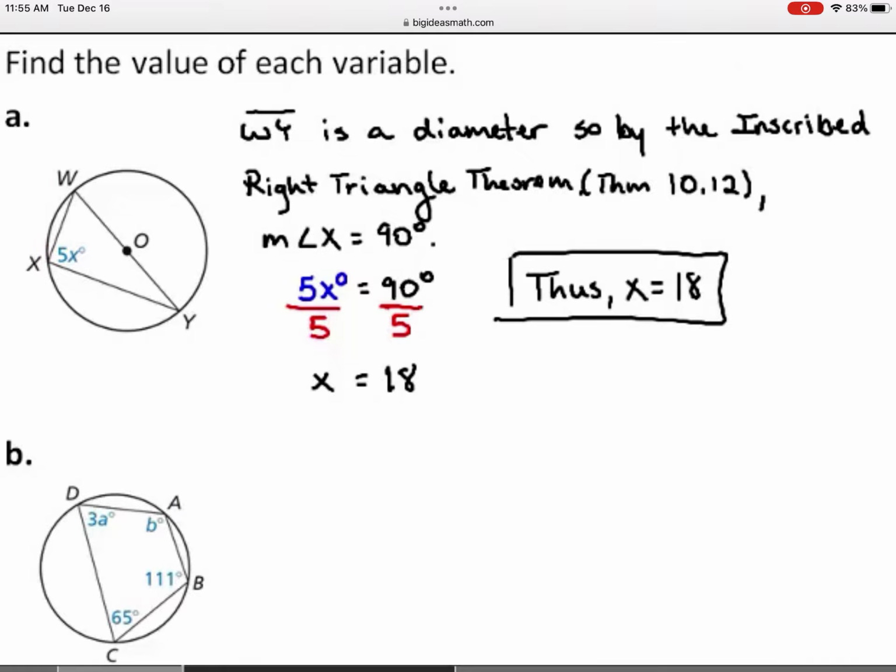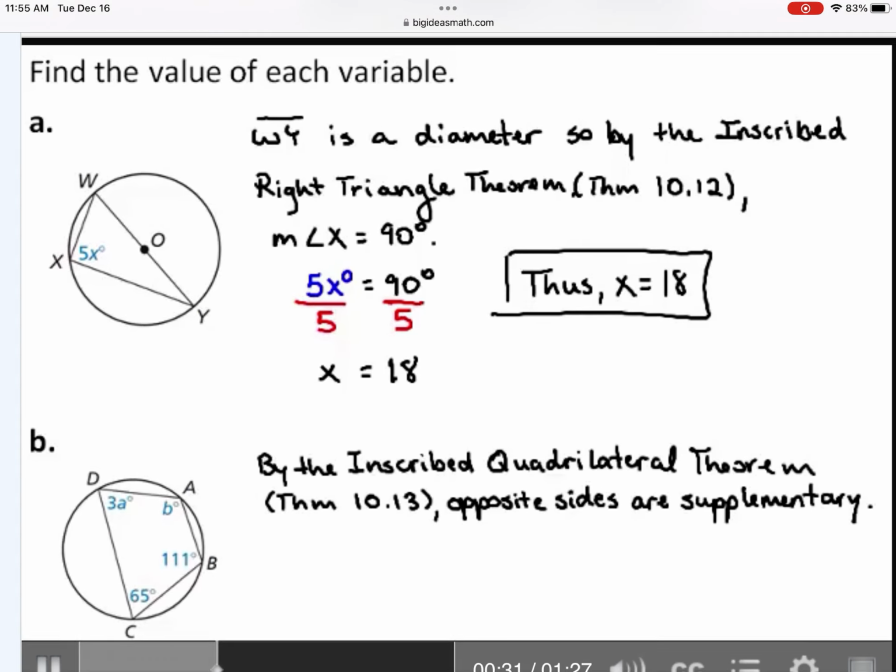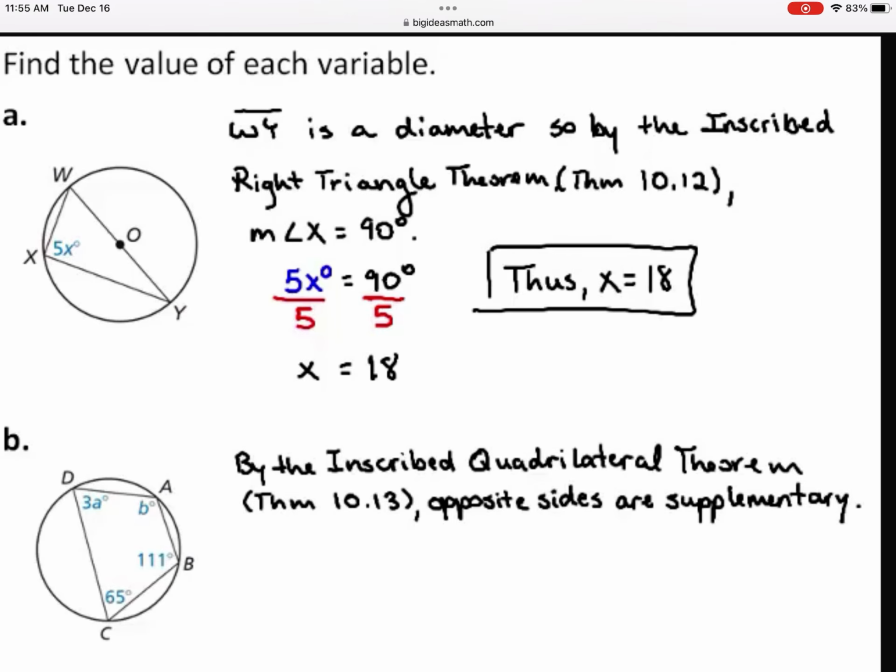Part B. Notice that ABCD is a quadrilateral inscribed in the circle. So by the inscribed quadrilateral theorem, opposite angles are supplementary. So notice that angle D and angle B are opposite angles, and angle A and angle C are opposite angles. So the measure of angle D plus the measure of angle B equals 180 degrees by the definition of supplementary.